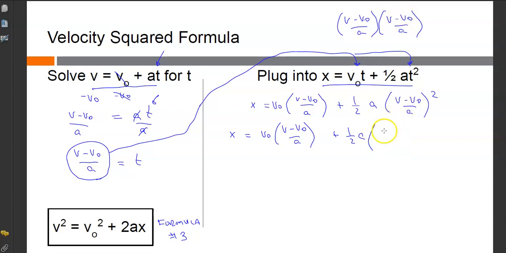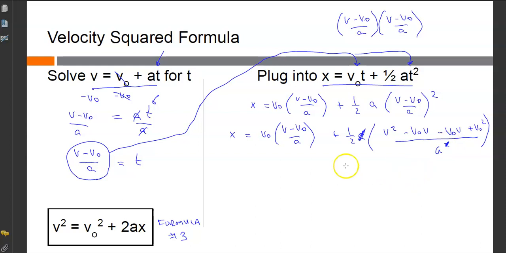So that's going to turn into v squared minus v naught v minus another v naught v plus v naught squared. Downstairs, I've got a times a, so that's going to give me an a squared right there. I'm going to let this a cancel one of the a's in the denominator like that.